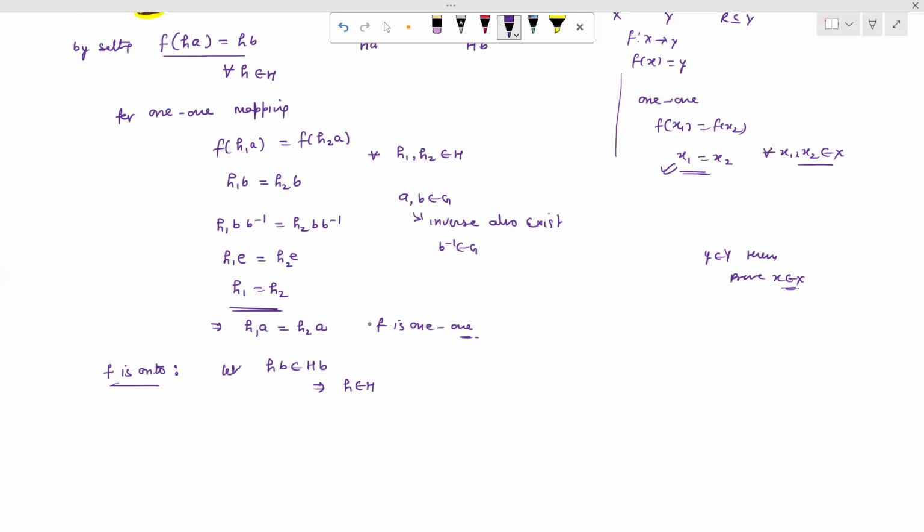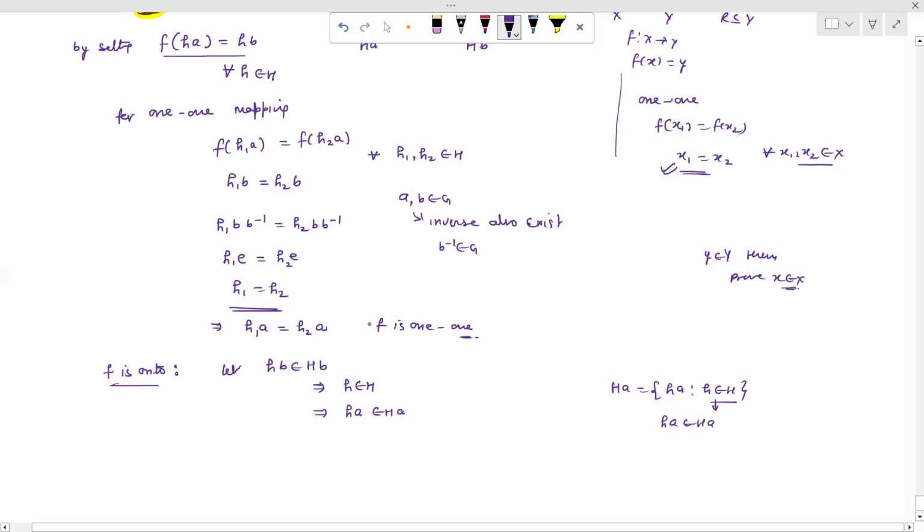So this can be written as ha belongs to Ha, by using the definition of right coset of A, because we have already defined Ha is equal to ha such that h belongs to H. So we can use this definition. When h belongs to H, we can write ha belongs to Ha.